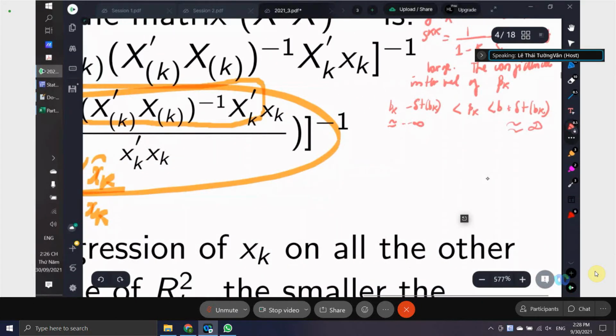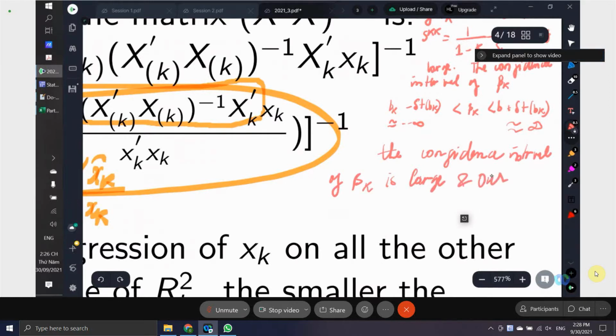So in that way, the confidence interval of beta k is large, and our estimate is not precise.